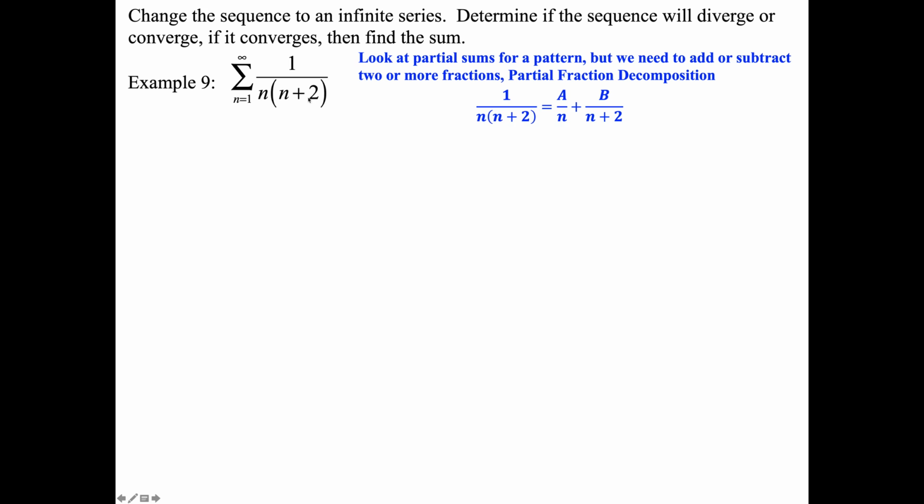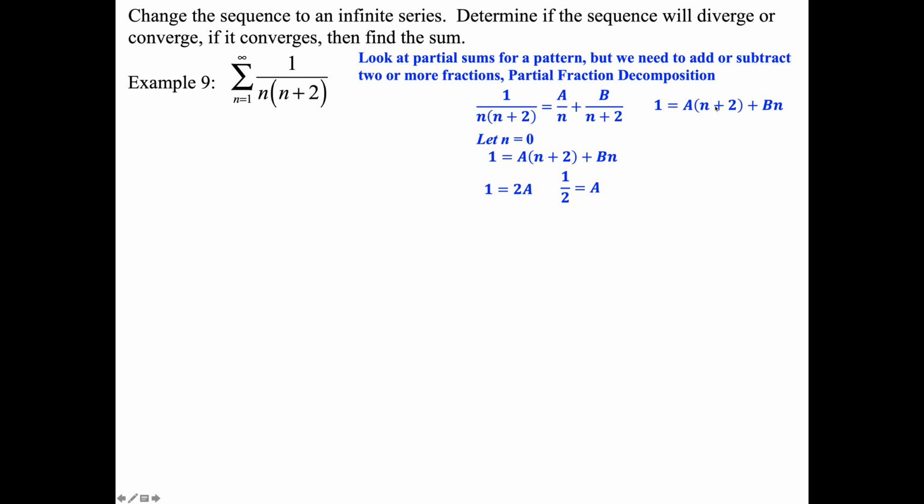So here we go: 1 over n times n plus 2 equals capital A over n plus capital B over n plus 2. All right, let's multiply by the least common denominator. We're going to get A times n plus 2 in parentheses plus Bn, and that's all equal to 1. Let's let n be 0, so that's going to cancel out the B term. So 0 plus 2 is 2, so 2A equals 1 means A is equal to 1/2.